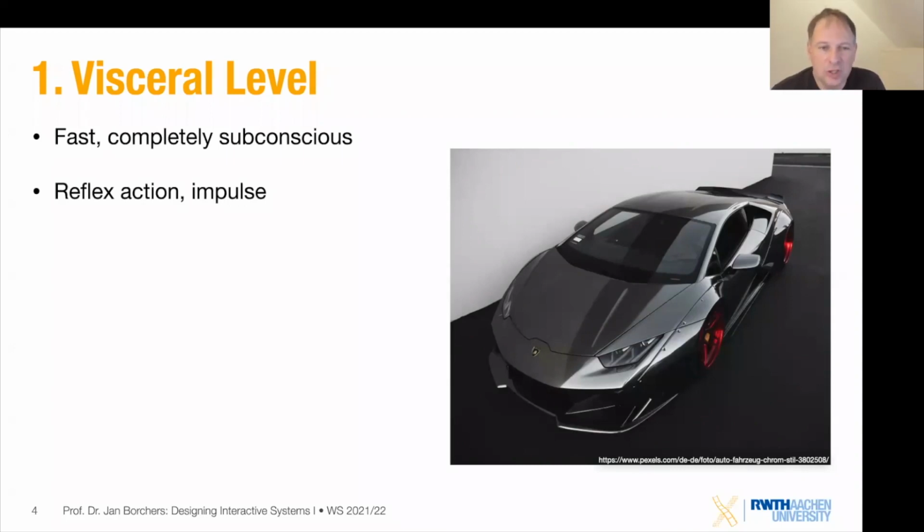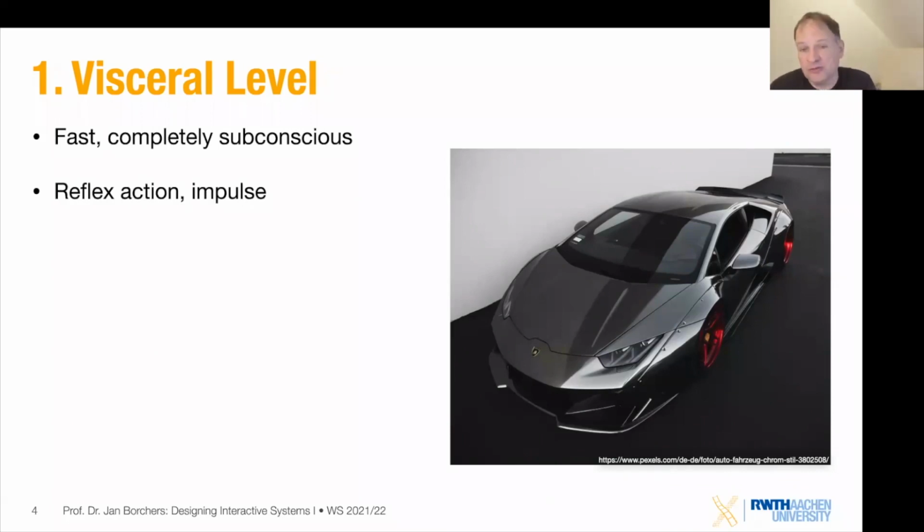You don't know yet whether once you get in, you will be able to use the controls and find your gears and whatever and get this engine started all that easily, or whether it's going to be complex and difficult. But there's this initial impression of, ooh, this looks cool, right? And this is an impulse action that has to do with things that you can't really control from a very rational point of view.